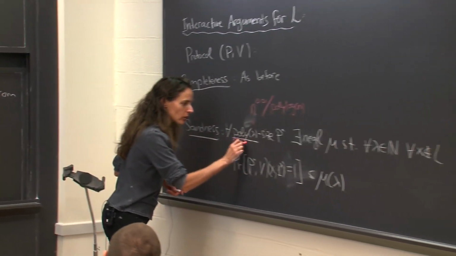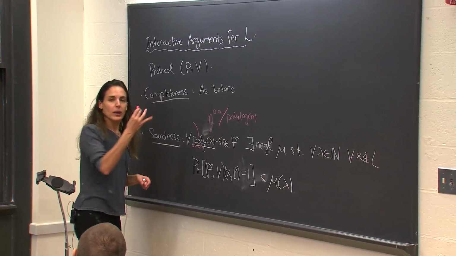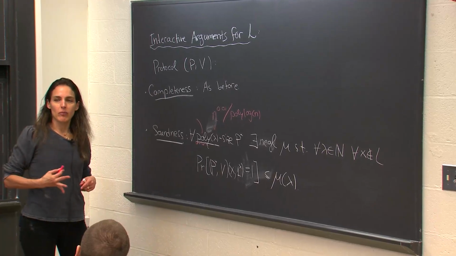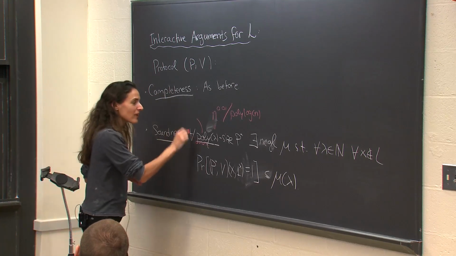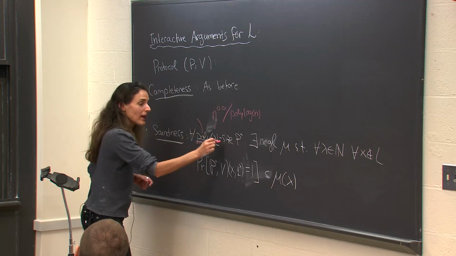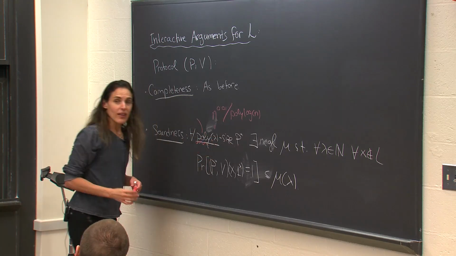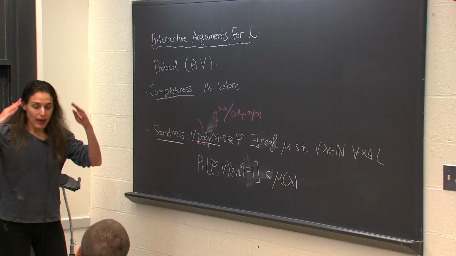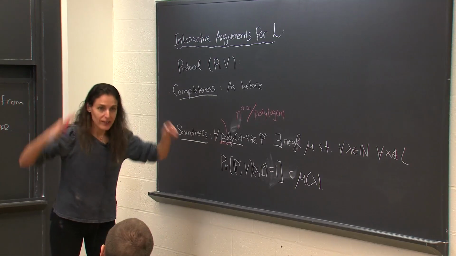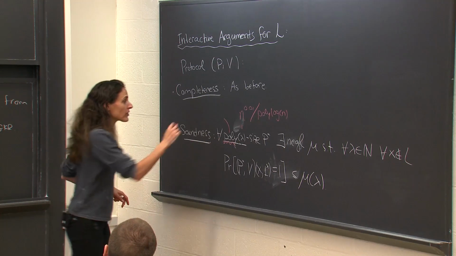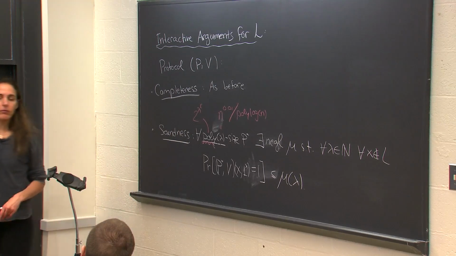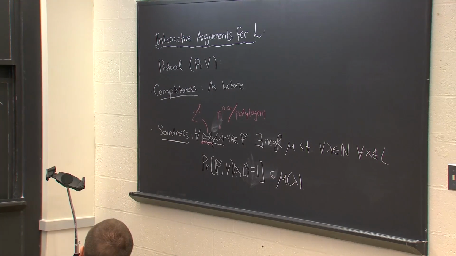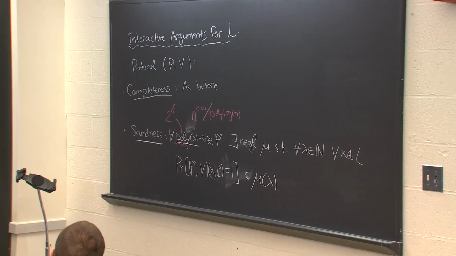Poly is one option, but let me make a stronger cryptographic assumption. I'm going to assume, for any P star that executes a circuit, not of size poly lambda, but of size 2 to the lambda to the epsilon, I'm going to allow my adversary to run in time 2 to the lambda to the epsilon, more than poly.